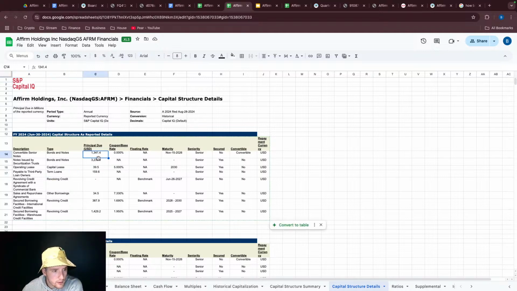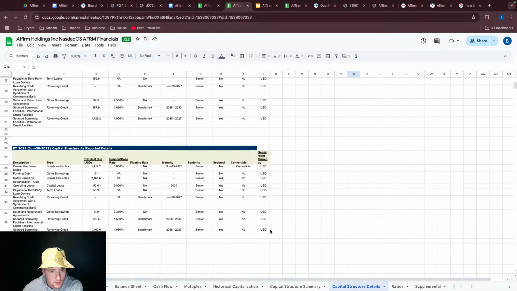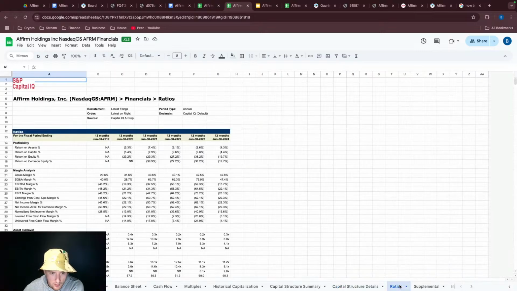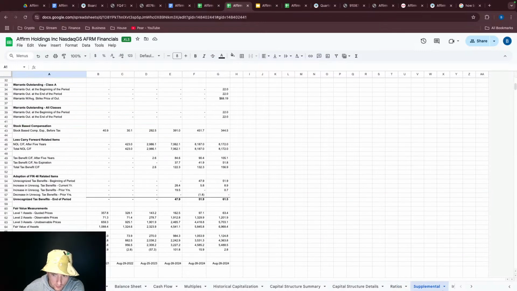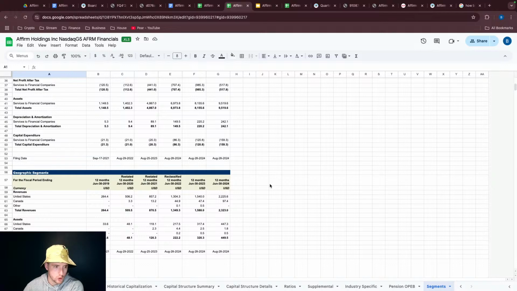They owe $1.3 billion on convertible senior notes in 2 years. So nothing's due immediately, but these are convertible. Everything else is non-convertible. Thankfully, this is not their largest outstanding debt. That's really good. So good there. Ratios. This is just like all pre-calculated stuff. Segments. No, we're good. All right.